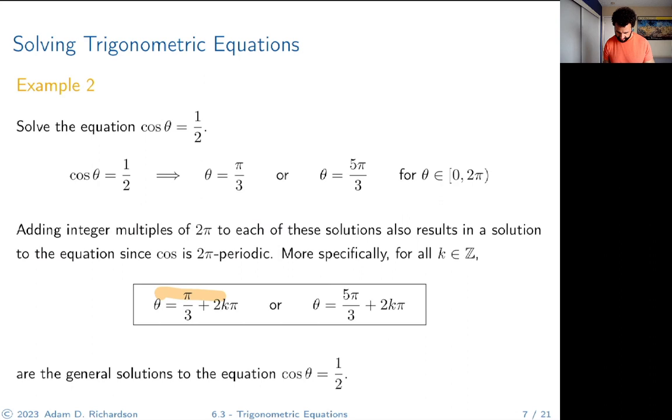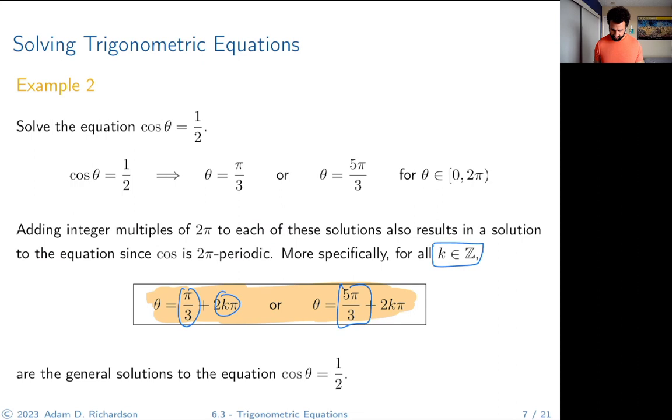Let me highlight them for just a sec. And let's take a look at this structure before we go to the next example here. So what this says is that for all k in the integers, pi over 3 plus k times 2 pi will be a solution.